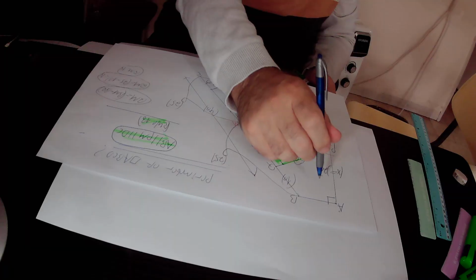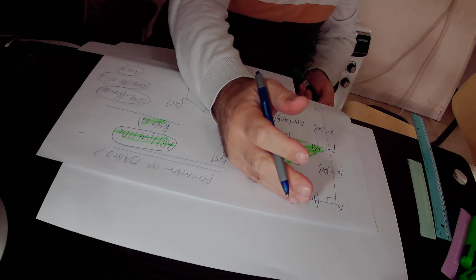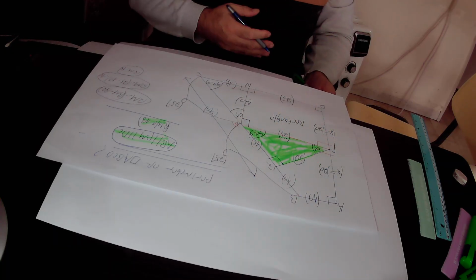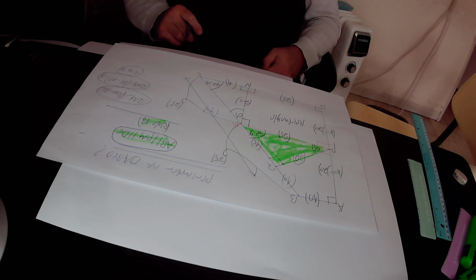Now we can find the perimeter of this trapezoid ABCD. This can also be defined as quadrilateral ABCD. As I mentioned before, the perimeter of quadrilateral ABCD equals the sum of its four side lengths.